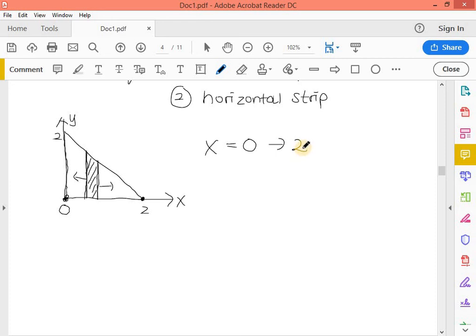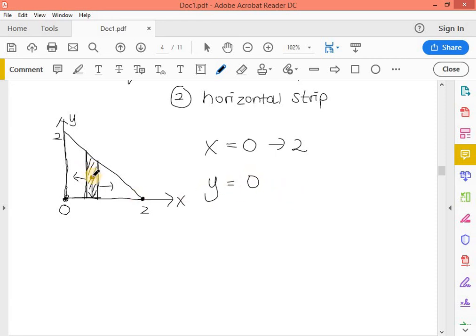Correct? Next, you have to assume yourself inside this vertical strip. What will happen if you look down? What will you see? You will see this line, am I right? So what is this line? This line has a value of y equals to, do you agree?